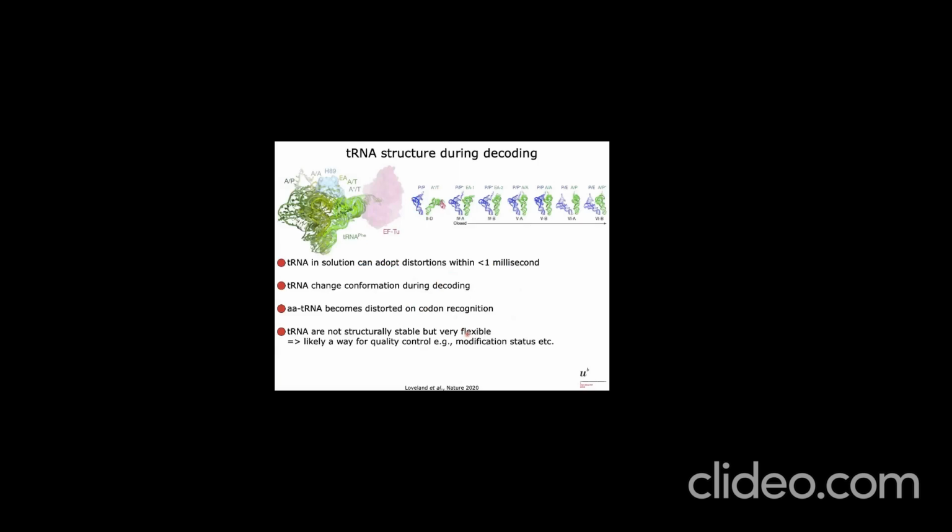And now, going back to the paper where I took the cartoon from before, showing you how dynamic the tRNAs actually act in this process. And this is what I told you at the very beginning of my last lecture, that the tRNAs are extremely flexible. So if you put them in solution, they can really change their structure within a very, very short time, and the conformation does change while you're decoding.